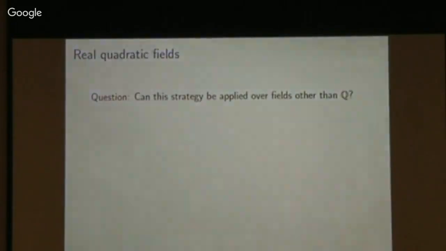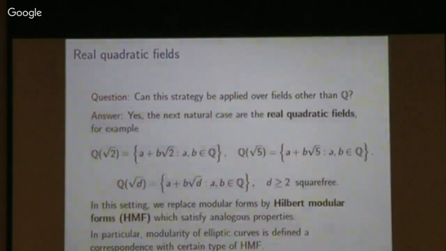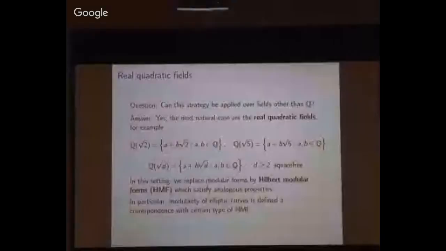So the natural question is, can we change the field from Q to something else? The first type of fields that one is led to consider are called real quadratic fields, and they look more or less like this. So we have Q(√2). We just plug in the square root of 2 into the rationals, and we get numbers of this shape. We have Q(√5), or more generally, Q(√D), where D is some positive square-free number.